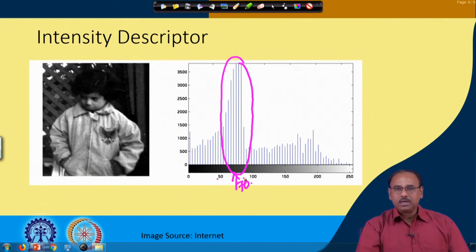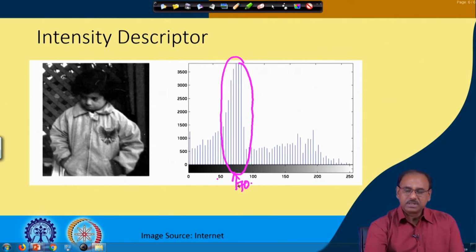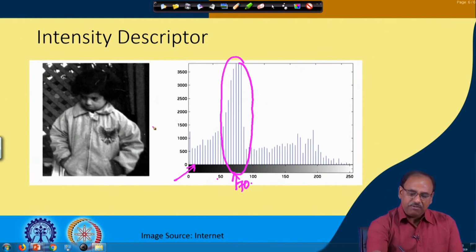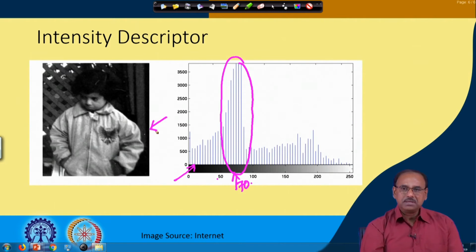The frequency of occurrence of intensity values around 70 is very high compared to the others. This is as against the previous one, where the maximum probability was at intensity values near about 0. And you see the effect of that: this image appears to be brighter than the previous image that we have shown.